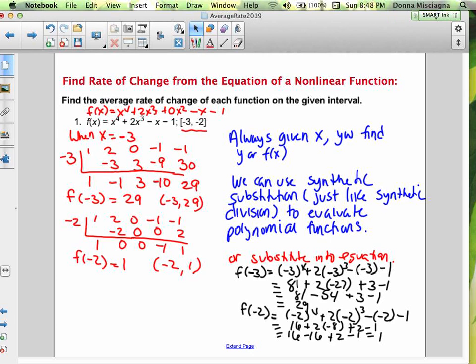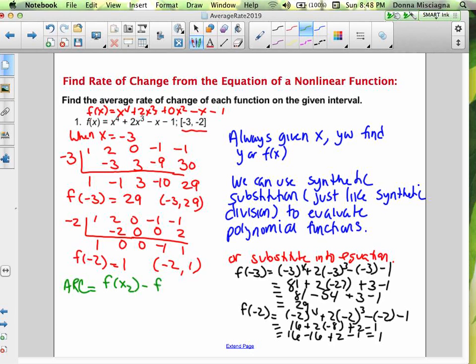But now let's find the average rate of change. This is the only one where I'm going to calculate it out two different ways. Average rate of change is the change in the value of the function over the change in the x values. Here's our 2 points.